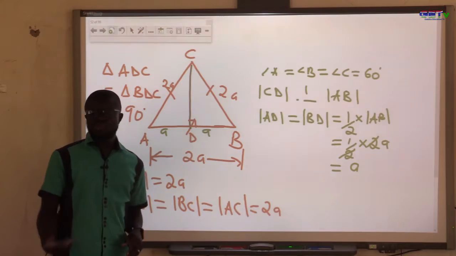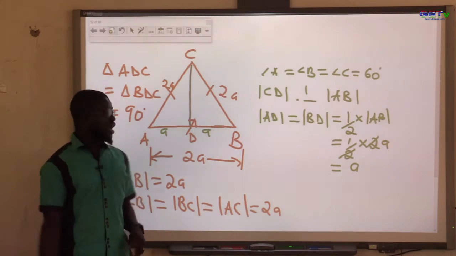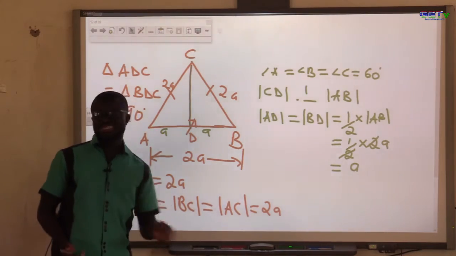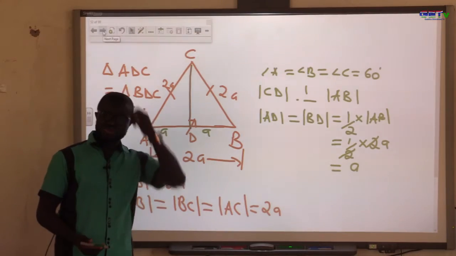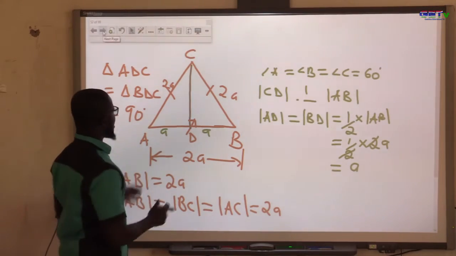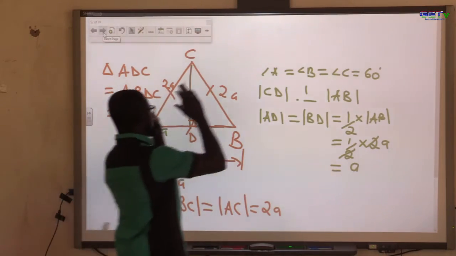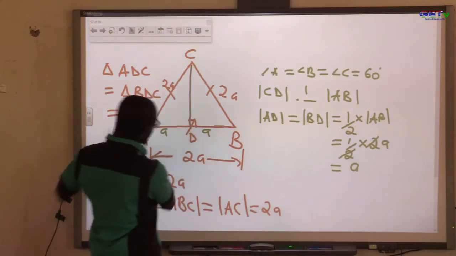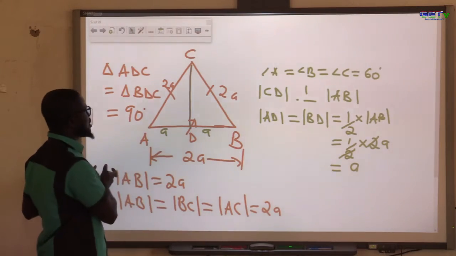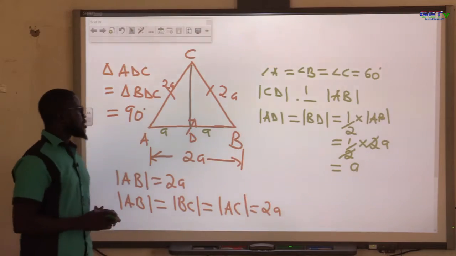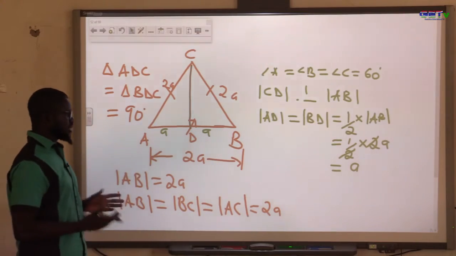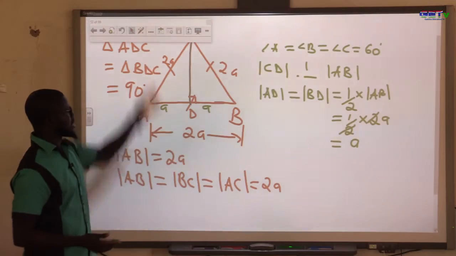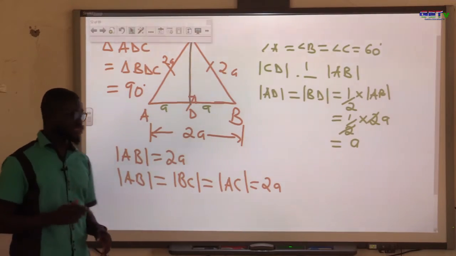Remember, in your previous lesson, you were told how to use the Pythagoras theorem to find a missing side from a given right angle triangle. And here we are told that the right angle triangle on the right hand side is the same and equal to the right angle triangle on the left hand side. We said they are congruent. Now using any one of them, since the height is common, will give us the same result.